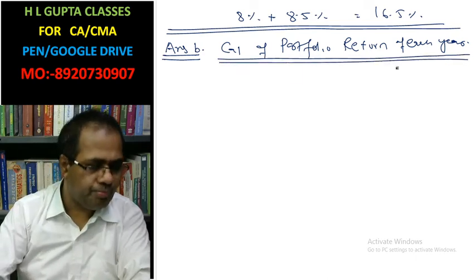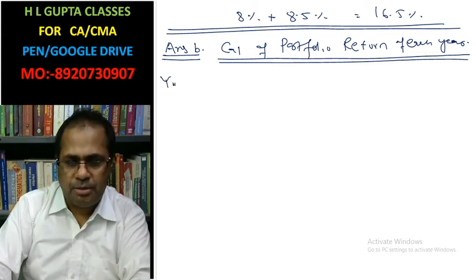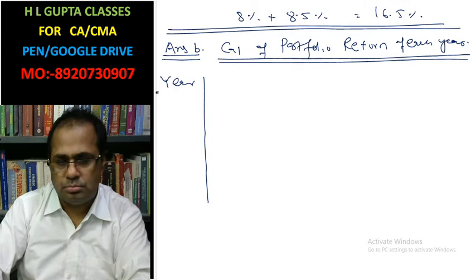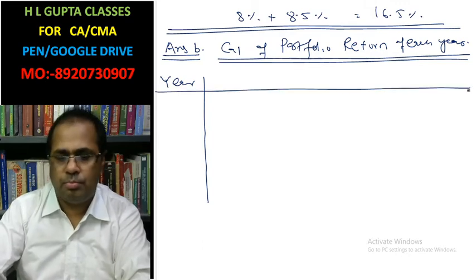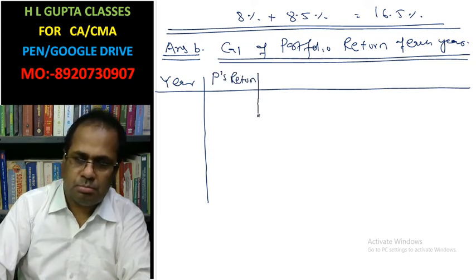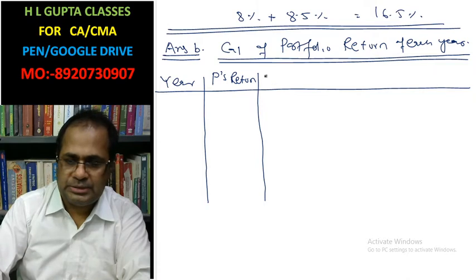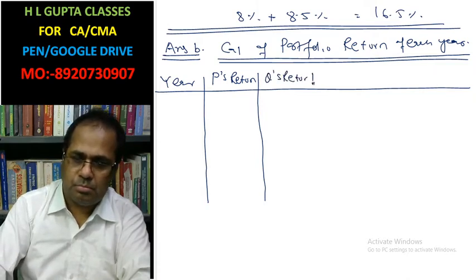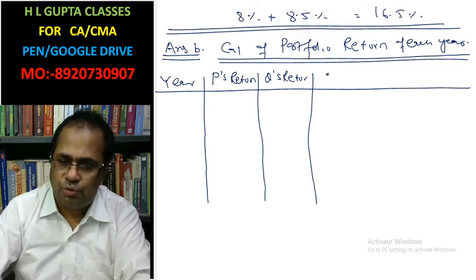This is your year. This is P return. This is Q return. This is your portfolio return.